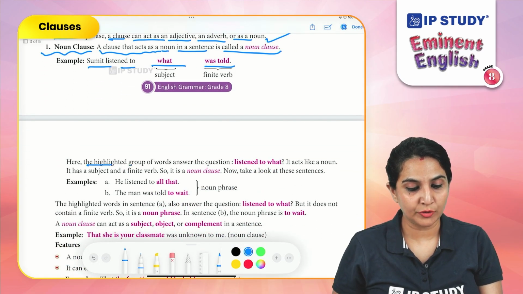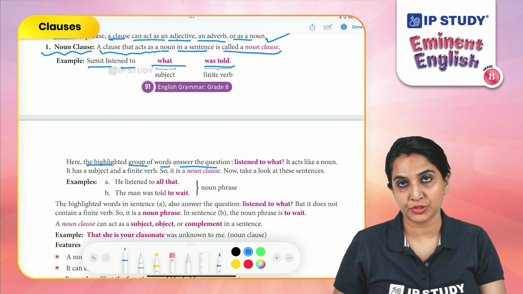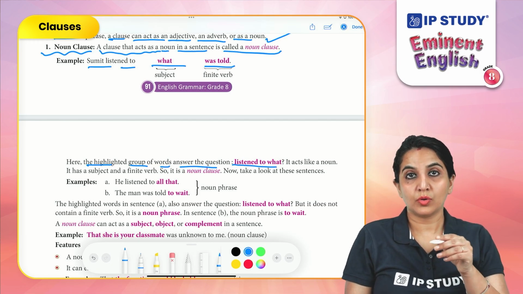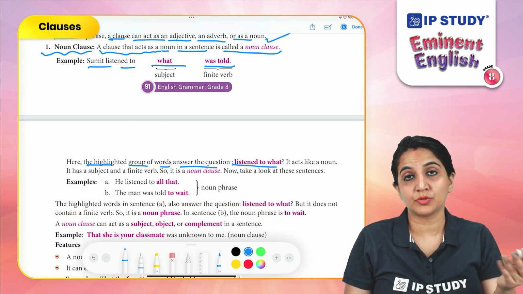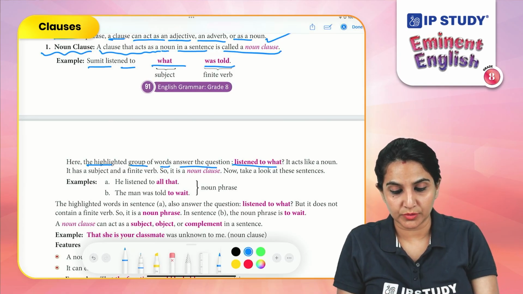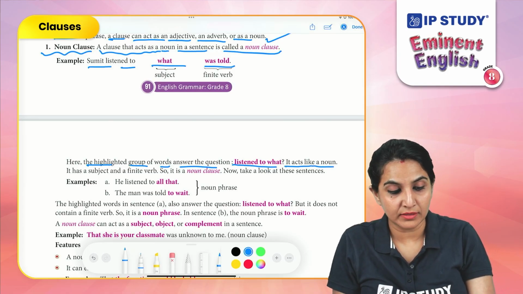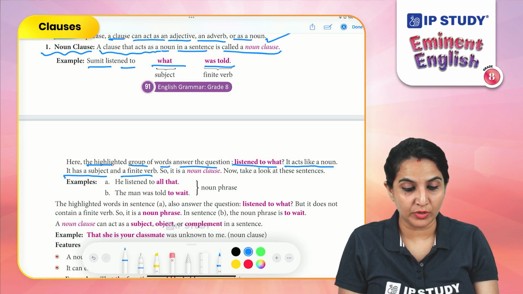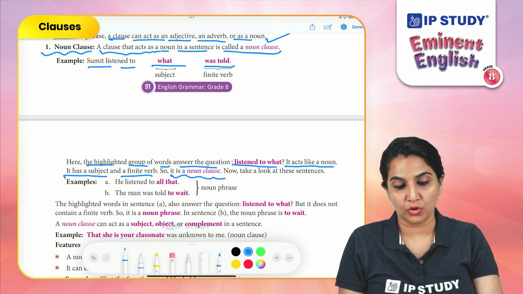Here, the highlighted group of words answers the question, listened to what? What was told. It acts like a noun. It has a subject and a finite verb, so it's called a noun clause.